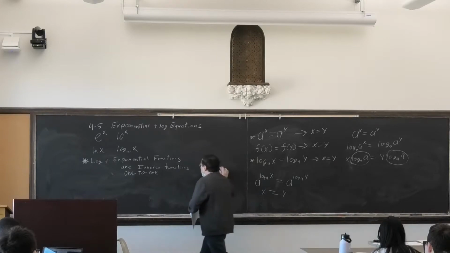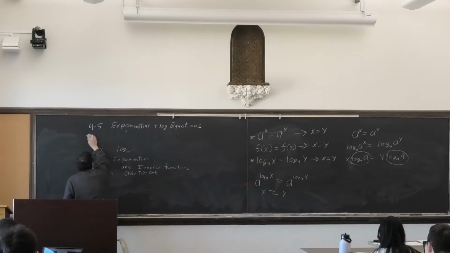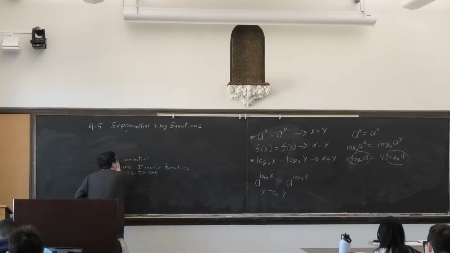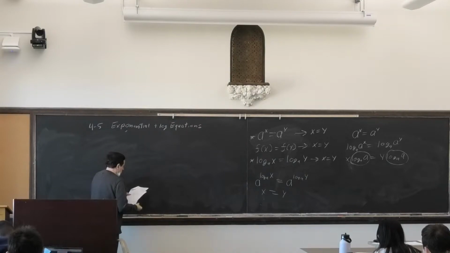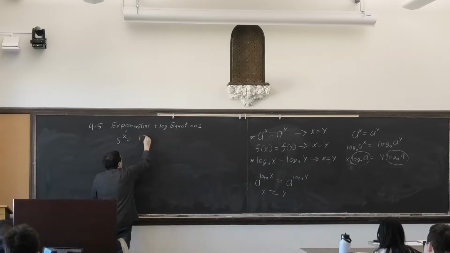So we'll start simple. We'll start with something that you probably can see the answer to without resorting to this. We're going to say 5 to the x equals 125.